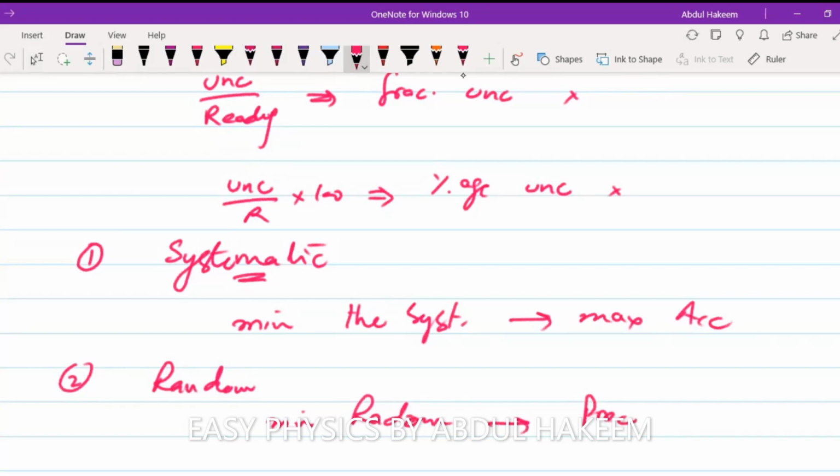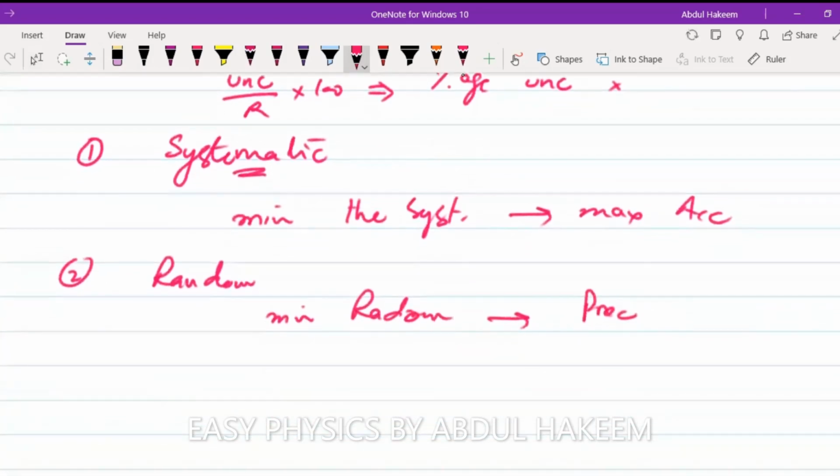Now the question is, what are precision and accuracy? If the value is close to the true value, then the degree of deviation from the true value is called the accuracy. It means if the value is very close to the true value, then it is accurate. The smaller the degree of deviation from the true value, the greater the accuracy.